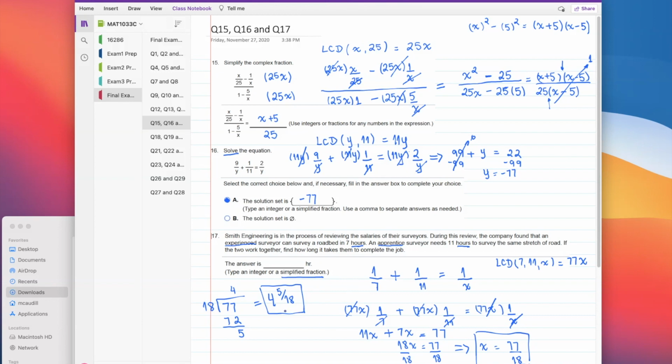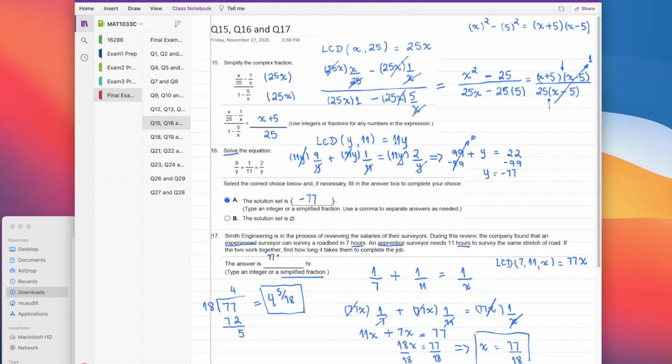I just wrote it that way for you to have an idea that when they work together, they take less time, 4 hours and a few minutes, instead of 7 hours for the experienced one. So the experienced one really wants the apprentice's help because it cuts almost 3 hours of his time. And the apprentice, much more. He wants the experienced help because imagine from 11 hours to do one surveyor, he takes a little over 4 hours.